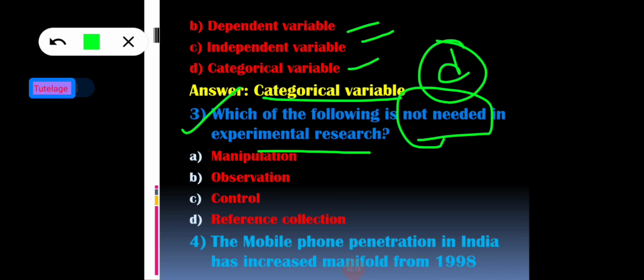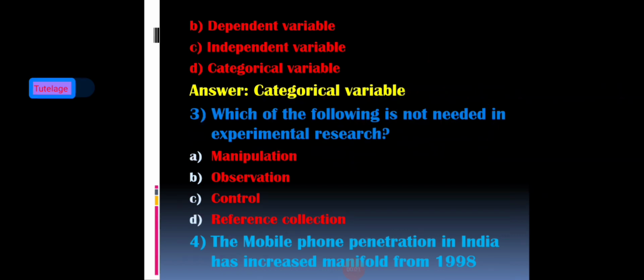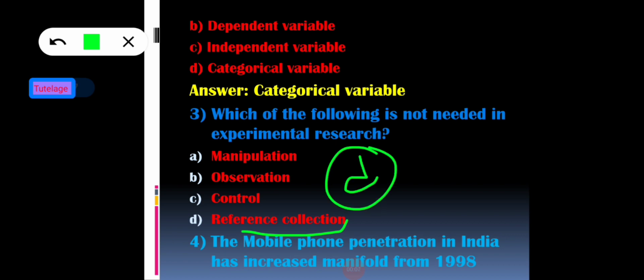But which is not needed in this type of research? So, learner, option number D, reference collection, is the correct answer to this particular question. But this is a big mistake of mine: here I did not mention the answer line. Now move on to the next question.